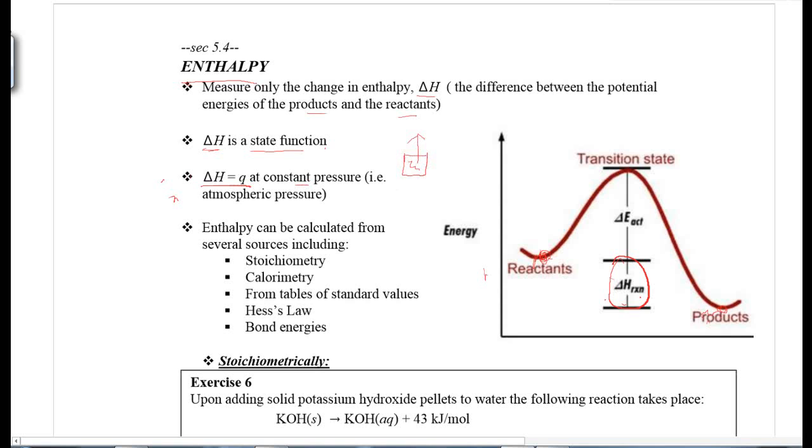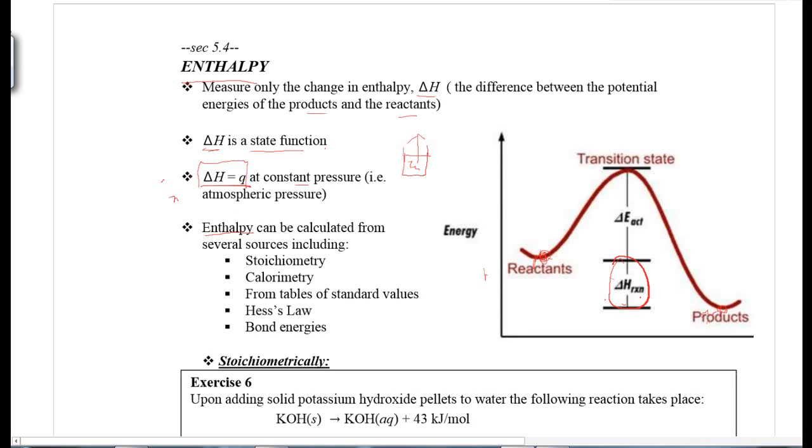If I had a closed system, the pressure won't be constant, right? Because there'll be more particles and they'll be banging against the walls, causing more pressure. But in most reactions, my beaker is not closed, it's open, and therefore particles can leave and the pressure remains constant. So if I have constant pressure, the enthalpy change for a reaction, delta H, is going to be the same thing as Q.